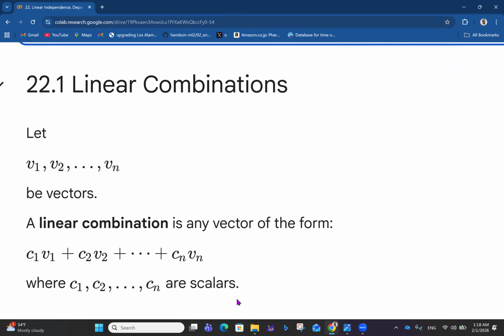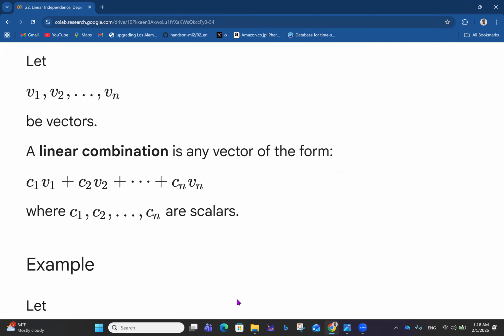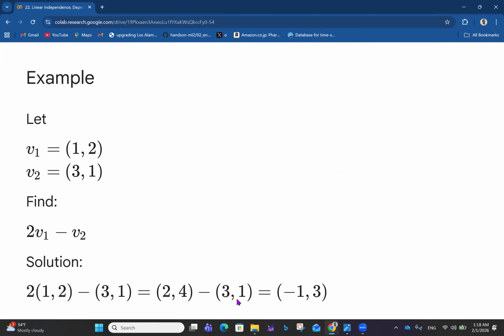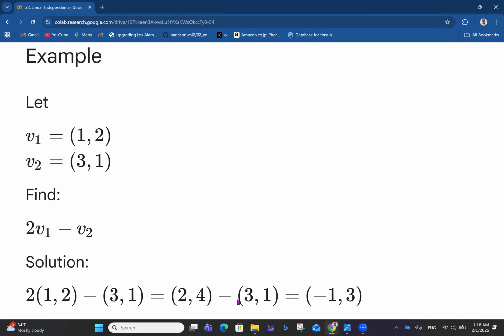If you have two or more vectors, you can form as many vectors as possible with them by using different scalars, which are constants. Imagine this example. Vector v1 is (1, 2), vector v2 is (3, 1), and you want to find 2v1 minus v2.